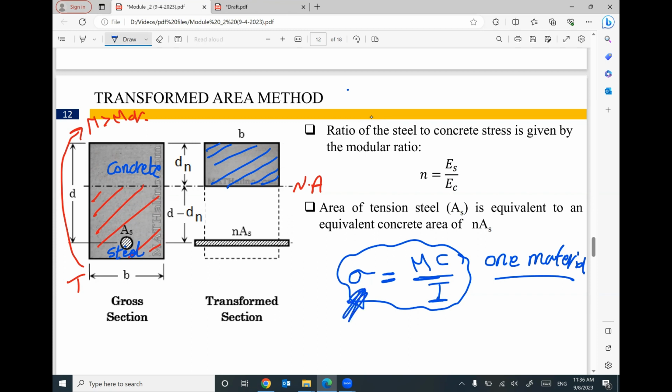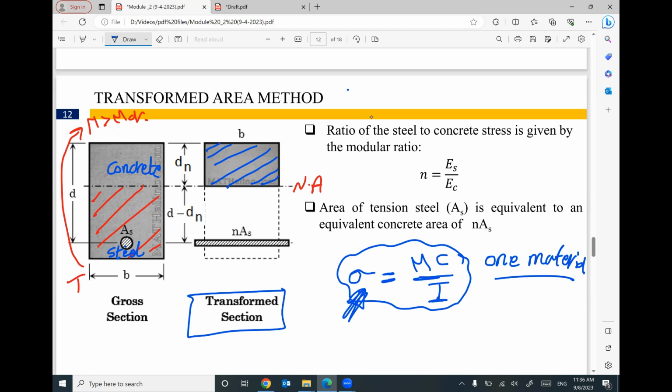What should I do? We have a method called the transformed section method. With it, I can convert one material to another material, just for calculations, not a real transformation.